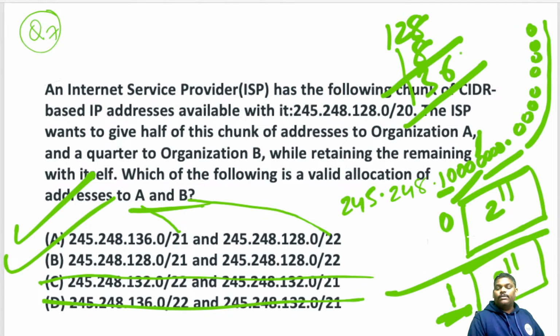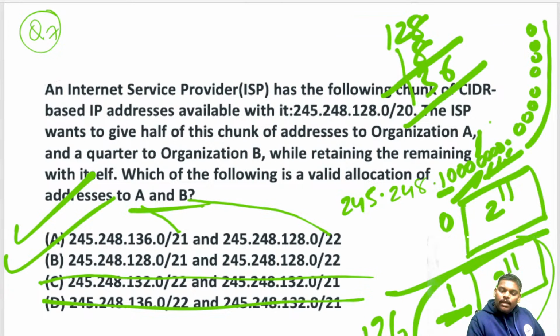See, bit 0, 1, 2, 3, the fourth bit means 0 to 3, which is 8. So 136. Remember, in this area, it will go to 128.